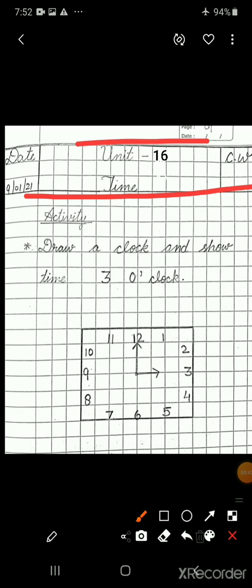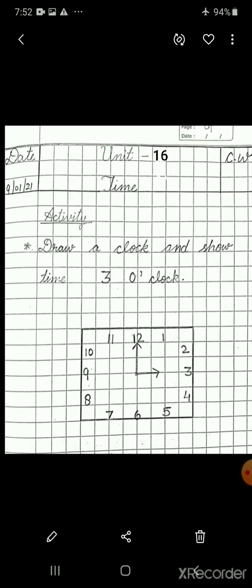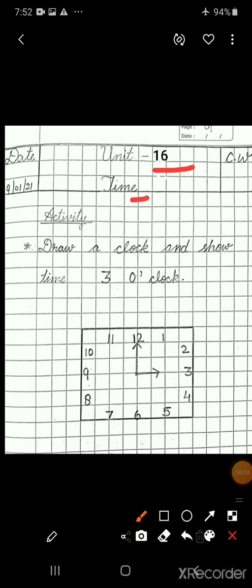On the first line you will write Unit 16 and on the second line you will write Time. On one corner you will write the date and on the other corner you will write CW. You will write the page number also.